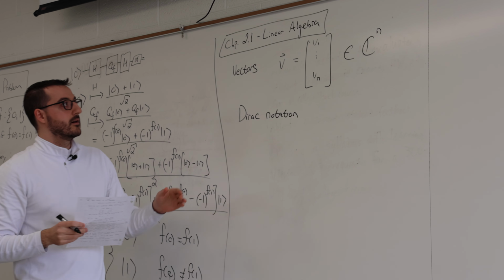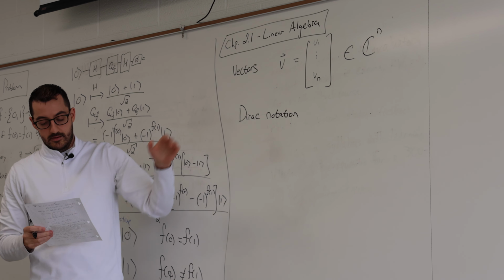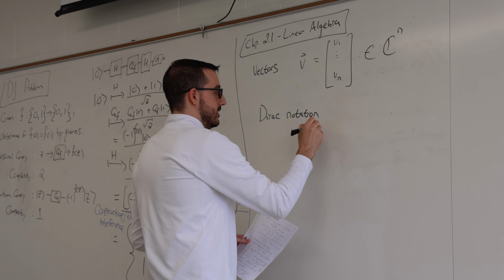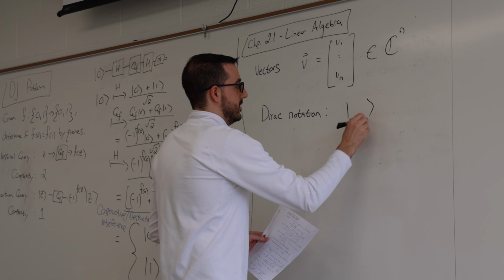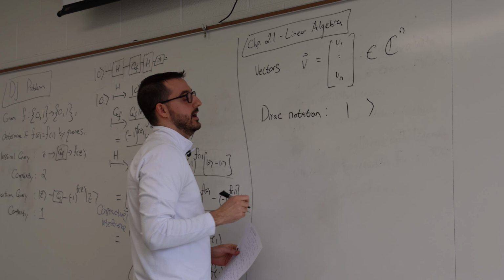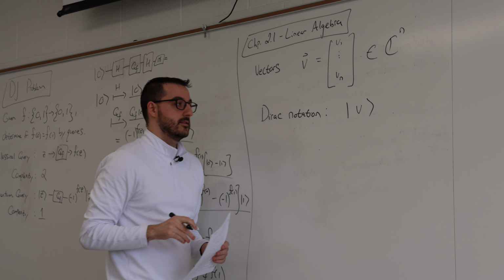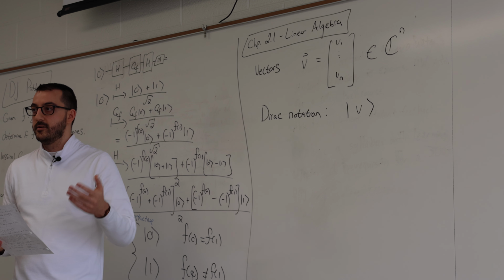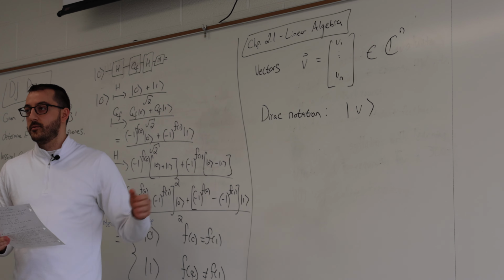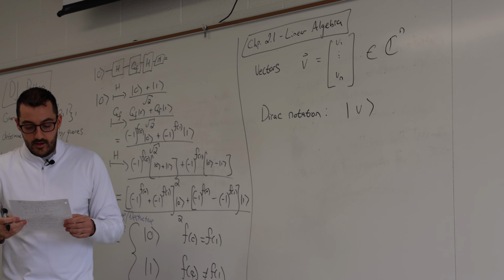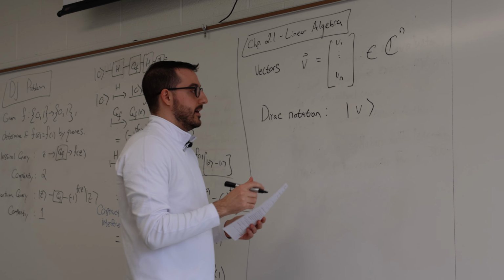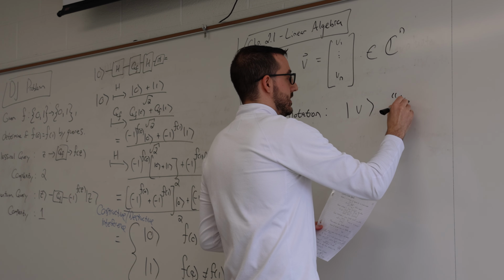Instead of a bar over the symbol, I'm going to use a vertical line with a right-angled bracket. And whatever I put inside of that is our indicator for what the vector is. This is called a ket, K-E-T.